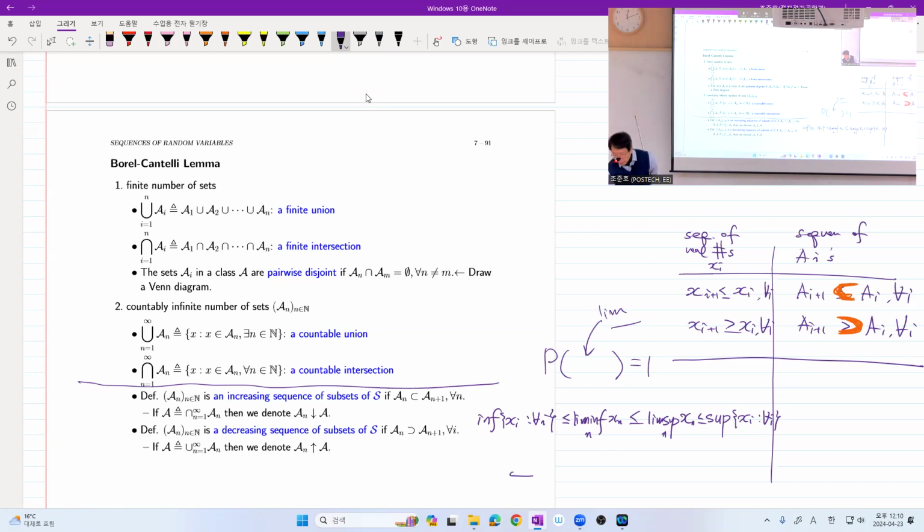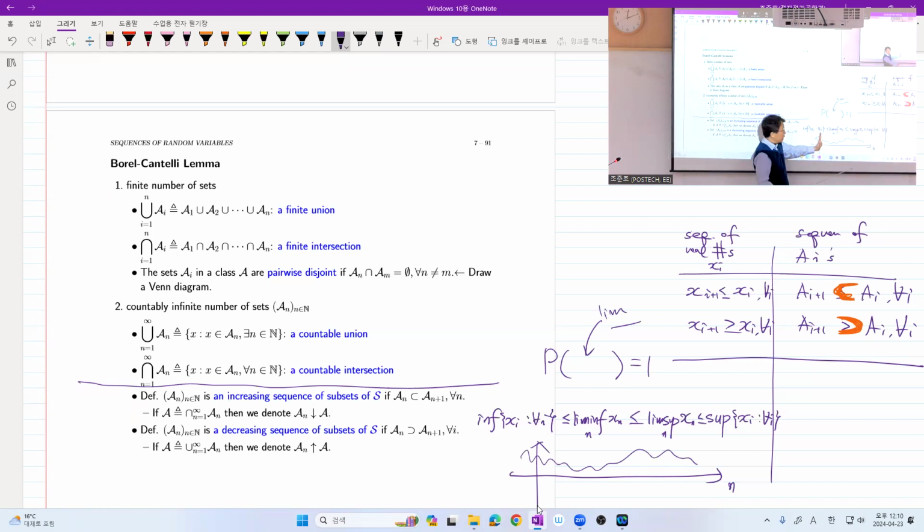So consider this one. Suppose you have a sequence. Just take a sample. And then lim sup is what? First, you construct the sequence of supremums by doing this. First, you consider the supremum of everything. And that is this one, right? And then you remove the first term, and from all the remaining sequence terms, you take the supremum.